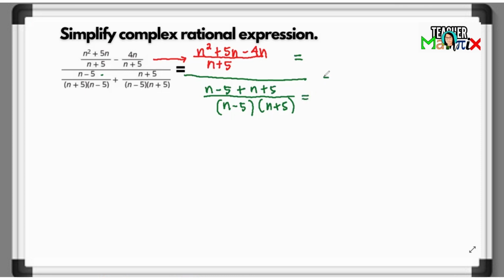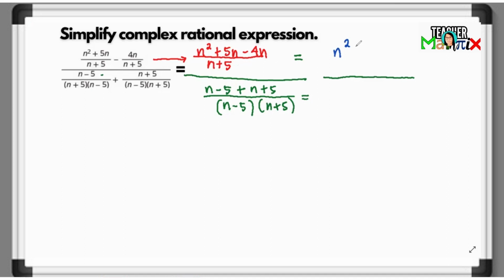Let me put another fractional bar here. Then combine the alike terms. So n squared, 5n, minus 4n are alike terms. They are the same. So let's combine them.